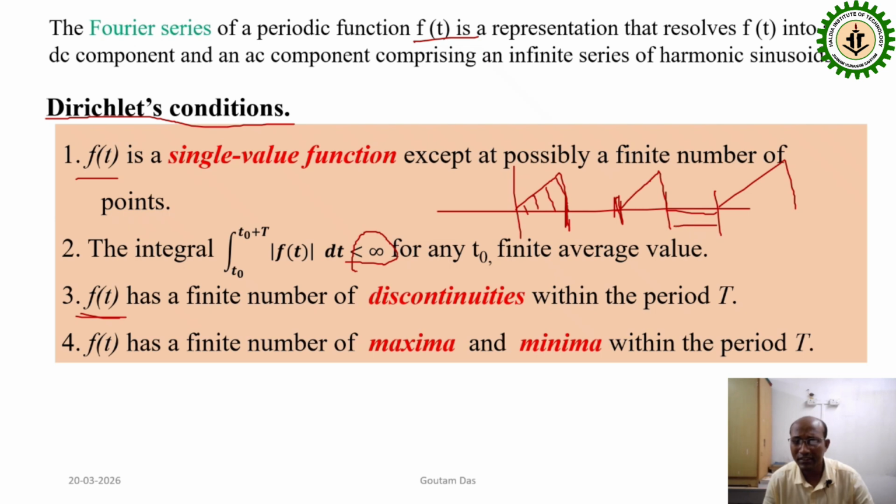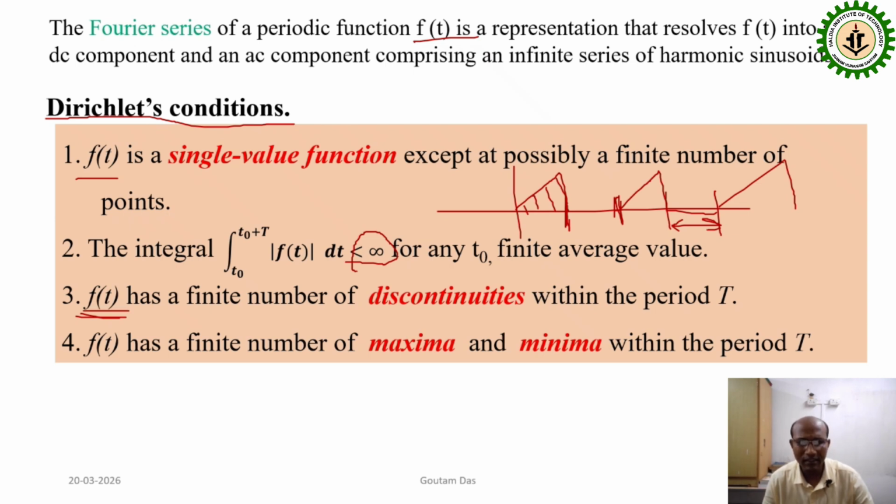During this period we don't have any value of that function, so we say it is discontinuous. This kind of discontinuity must be finite in number for any function, and then we can apply the Fourier series.